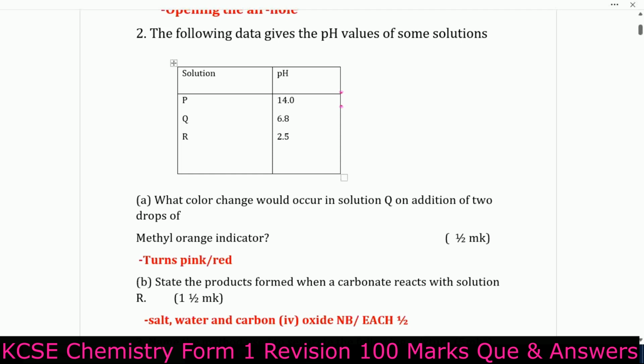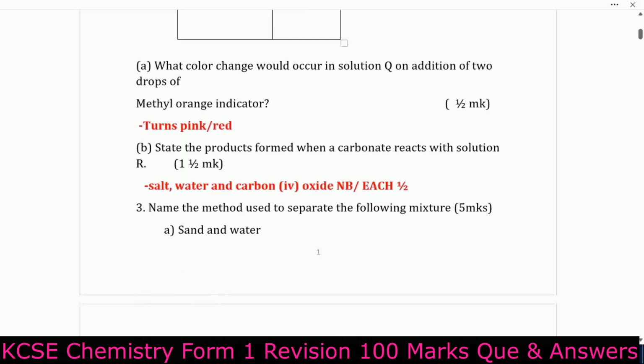It will turn pink or red. Number B. State the product formed when a carbonate reacts with the solution. What is formed is salt, water and carbon dioxide.